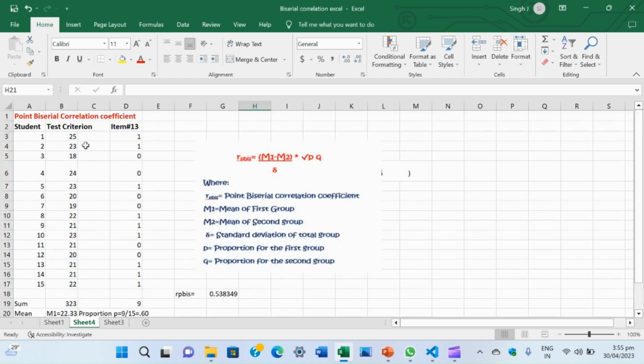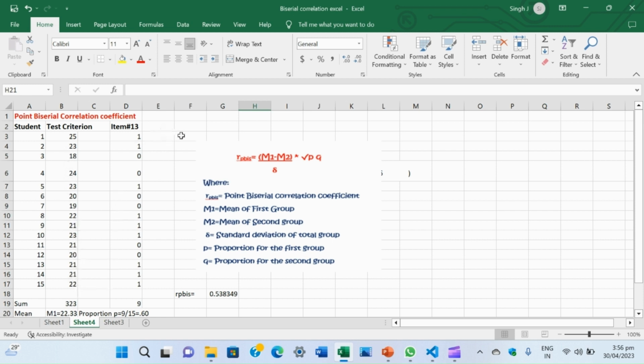In Excel, suppose a problem is given to find the point biserial correlation in which 15 students are administered a test, and the scores obtained by these students are 25, 23, 18, 24, and so on up to 21 and 22.